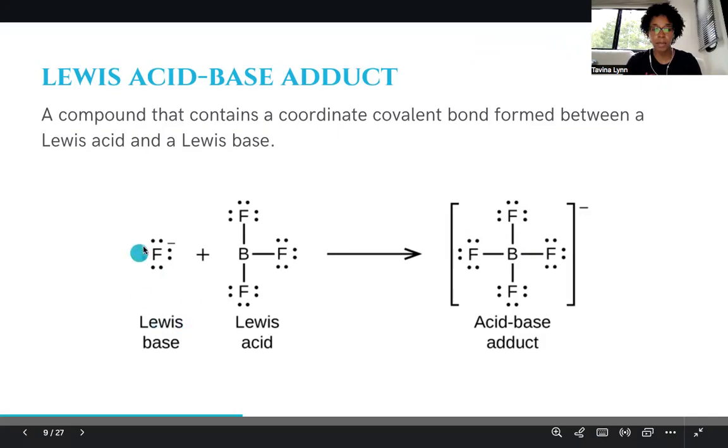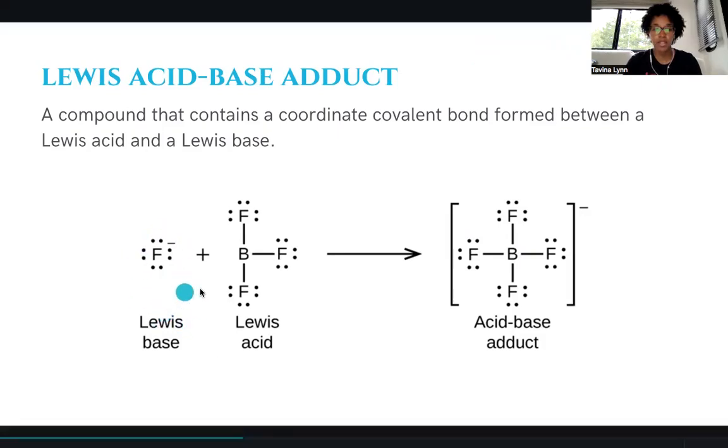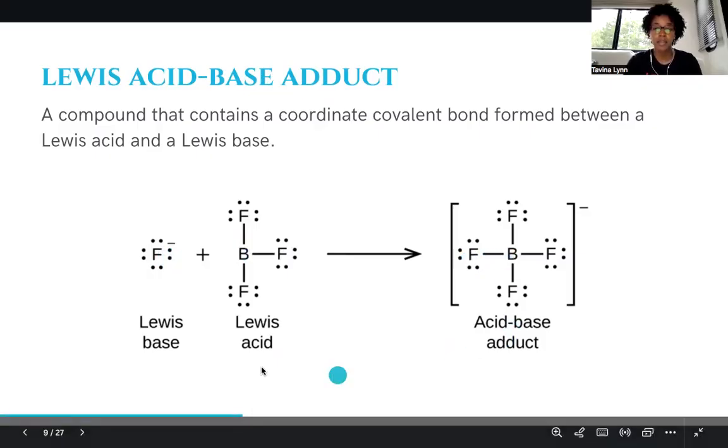So here's an example where we have a fluoride ion interacting with BF3, which behaves as a Lewis acid because this boron can accept an electron pair from this fluoride ion, forming a coordinate covalent bond to form this acid base adduct.